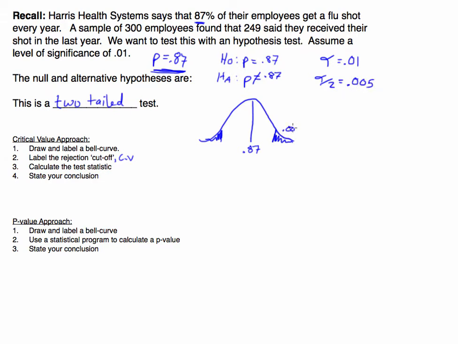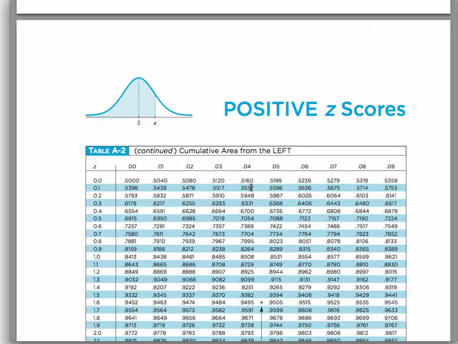And what I need to find is a critical value. The critical value is going to be the z-score that has 0.005 to the right of it.